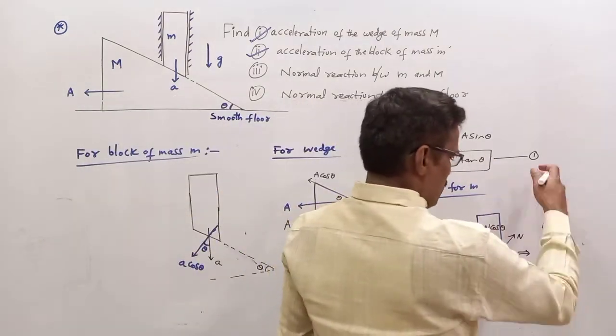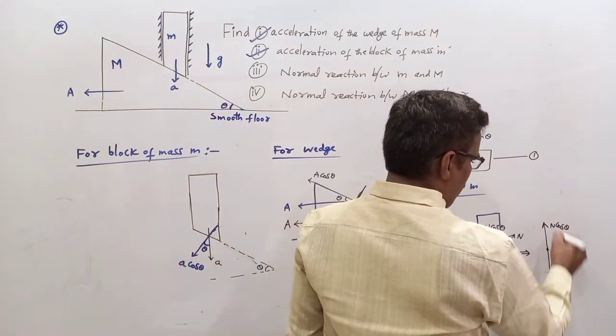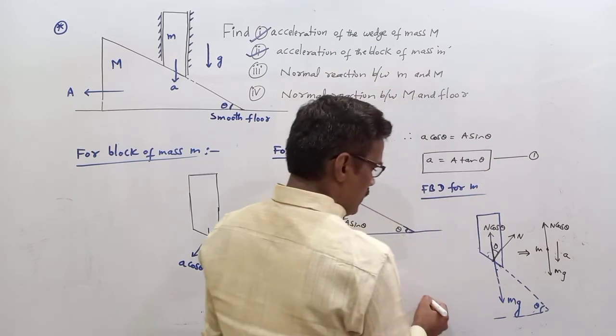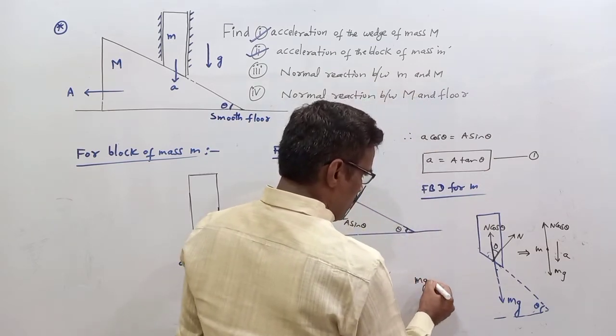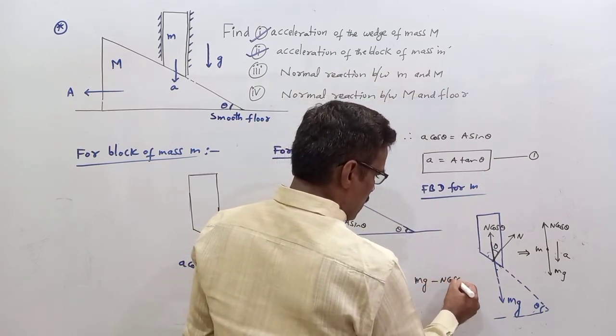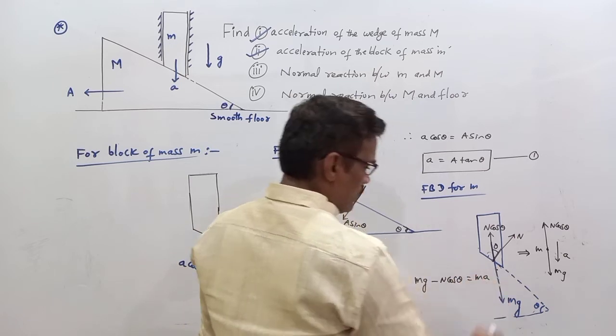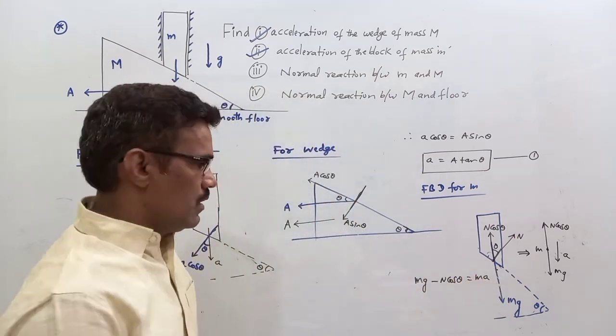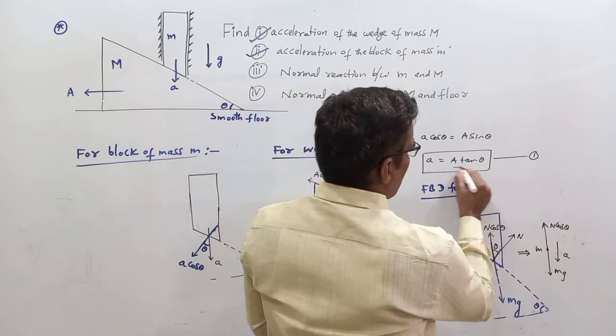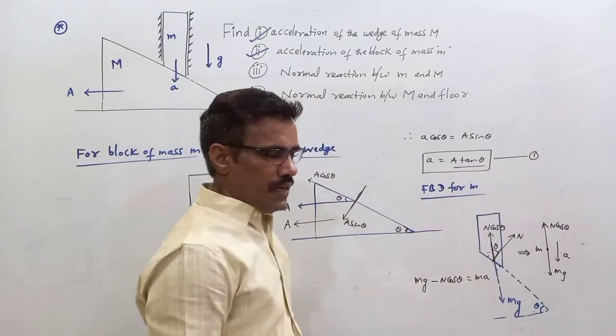Along this side, net force on the block: downward force mg minus N cos theta must be equal to m times A. Here, A is nothing but capital A tan theta.